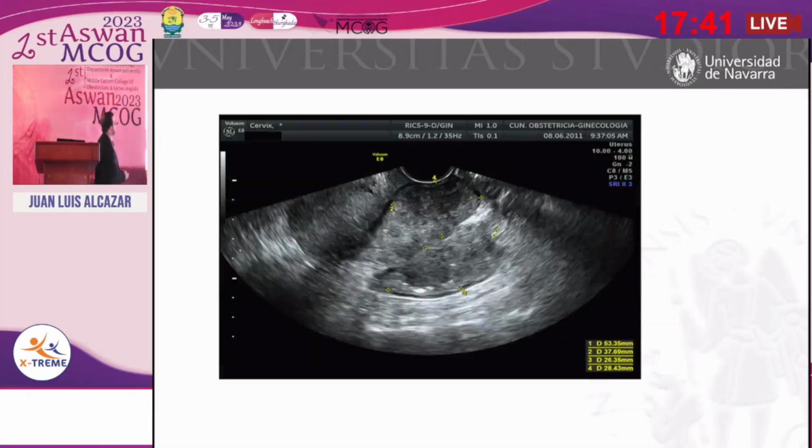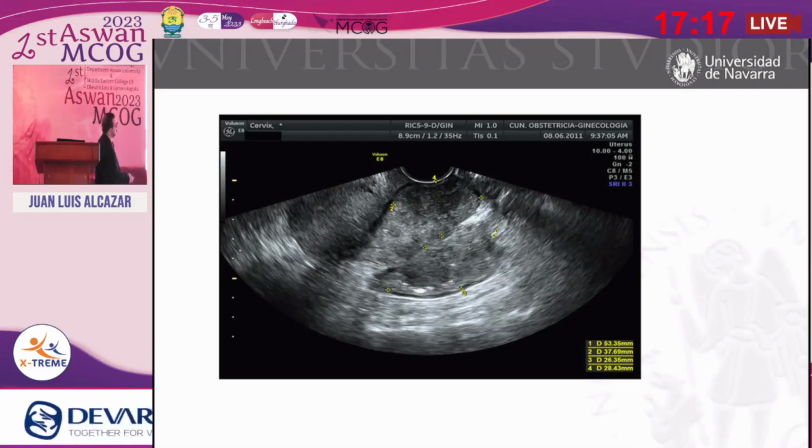But you can also detect the infiltration of the rectum. This is a huge tumor on the cervix. This is the corpus of the uterus. This is the rectum here. This is the posterior muscularis propria of the rectum. This is the sacrum.